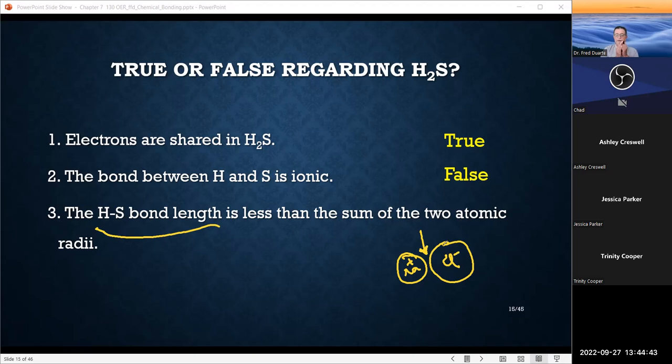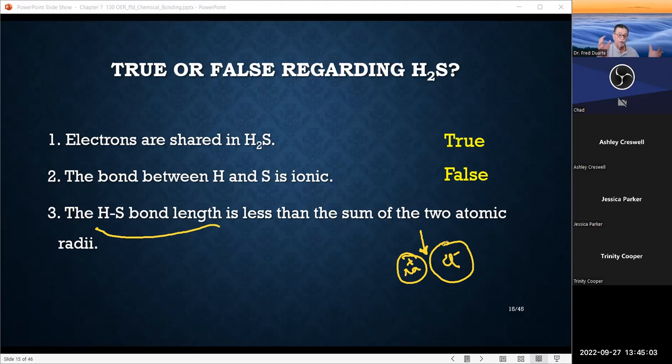So they just come together like two balls and attract each other, and that's it. I mentioned that covalent bonds are different. They share electrons, and so the bond length between the two atoms is less.